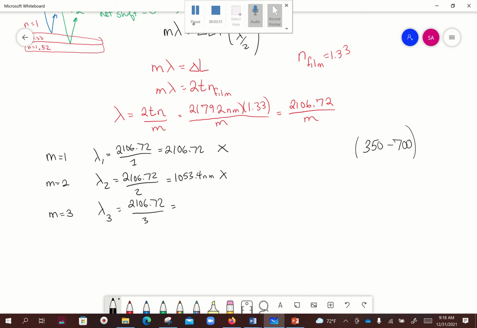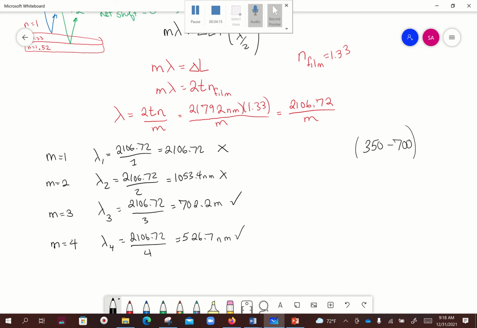Okay, so this one gives us 702.2 nanometers. So we'll say that one's visible. That's just a very red. M equals 4. I'm going to divide by 4. So we've got basically 2,000 divided by 4. So we should get something like 500.